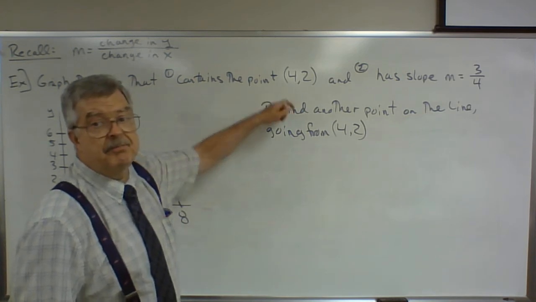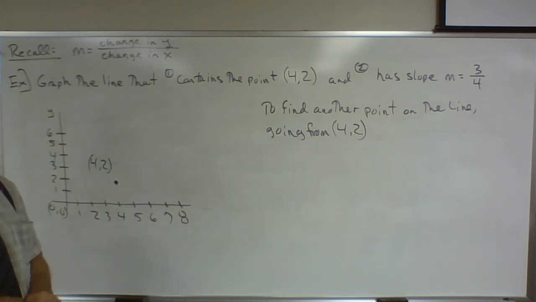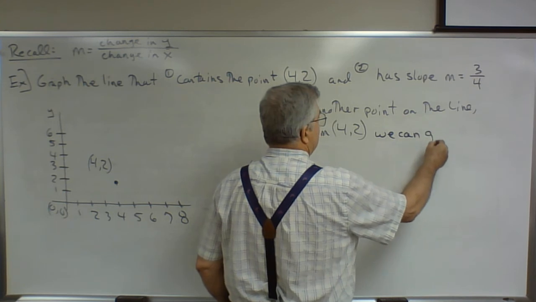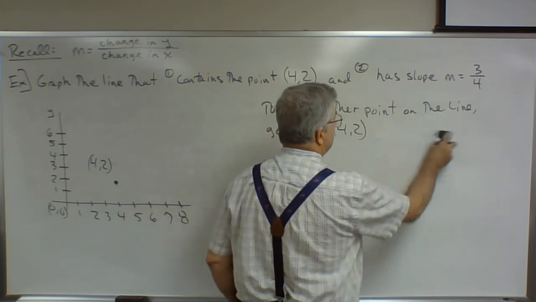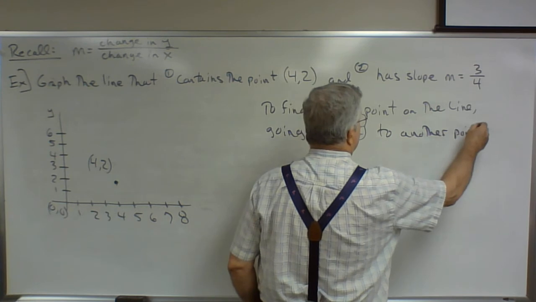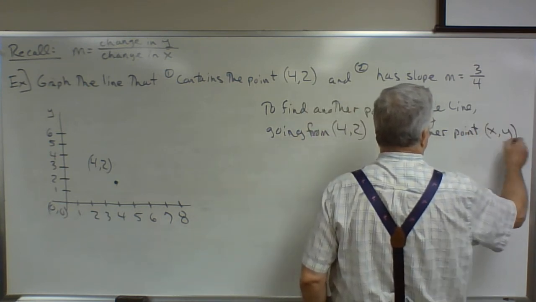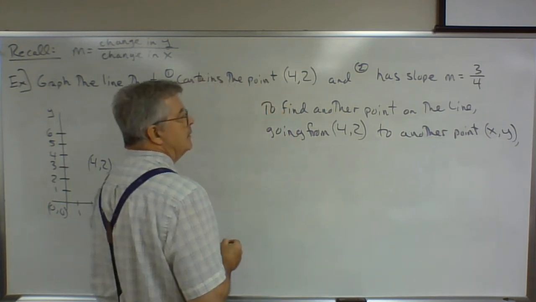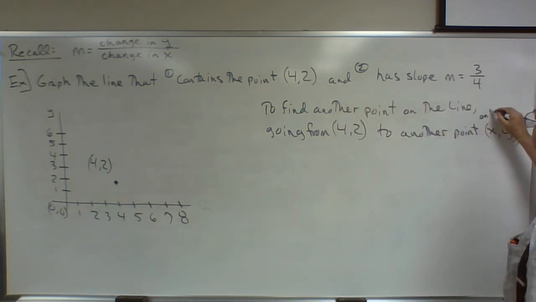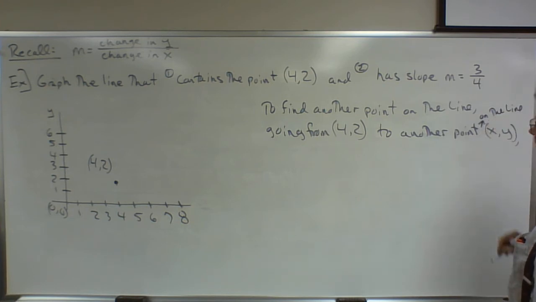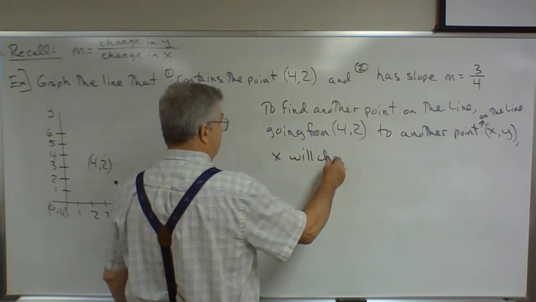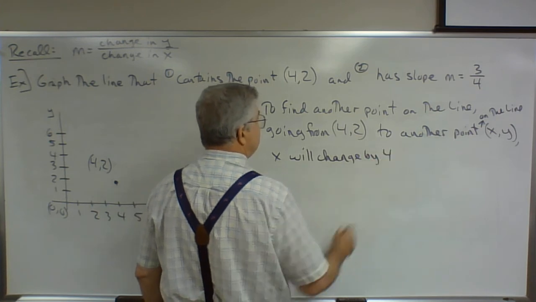Going from (4, 2), which is this point on the line, to another point (x, y) on the line, x will change by 4.